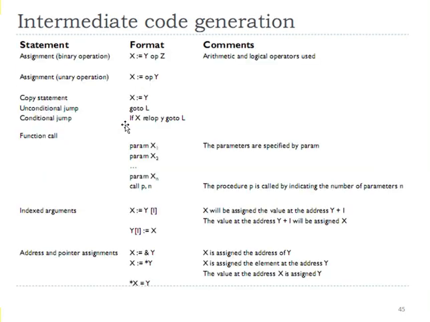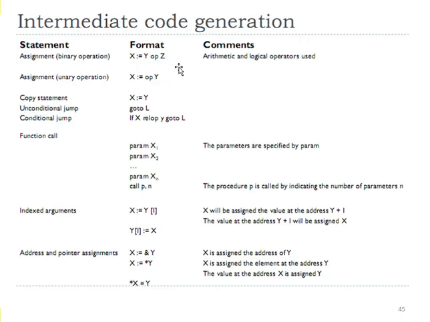So for example, if we have an assignment statement for a binary operation, we can write simply X equal Y operator Z, just what we have done in our previous example.